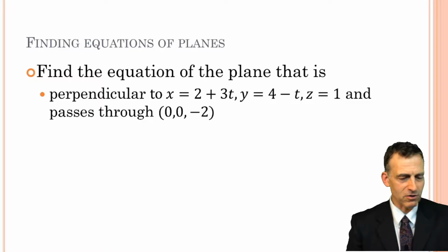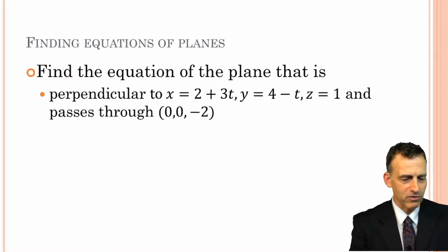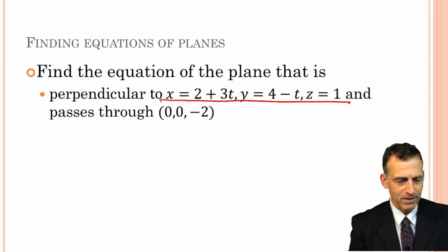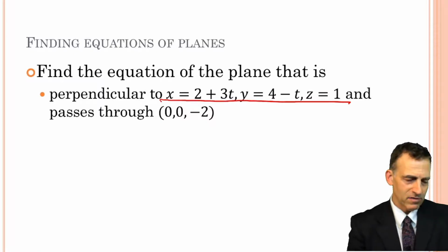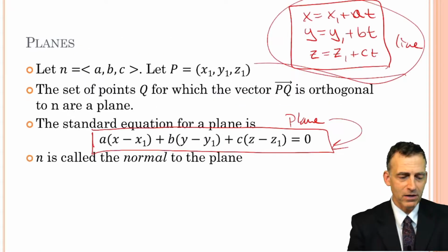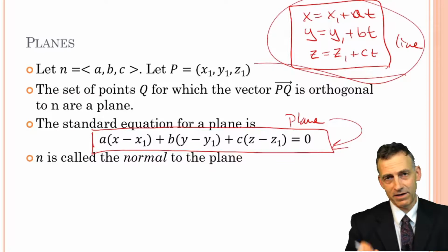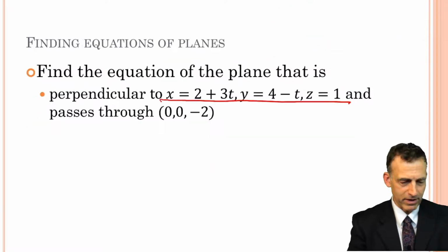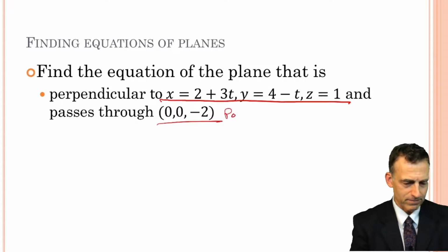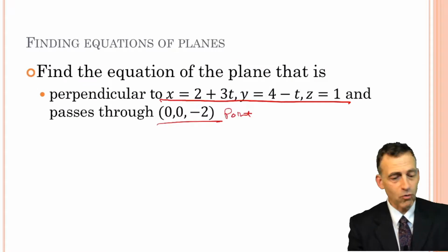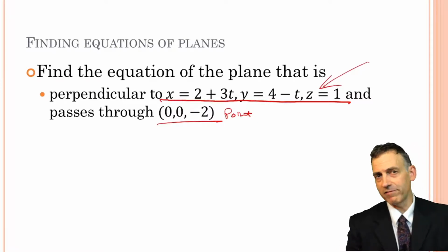Let's find an equation of a plane that's perpendicular to this line and passes through this point. Remember, to find a plane, we need a point and a normal. The point we've already got right here. To figure out the normal, notice that it's perpendicular to this line, which means it's normal to the direction of that line.